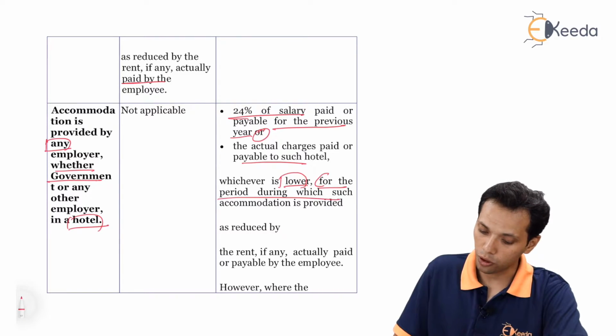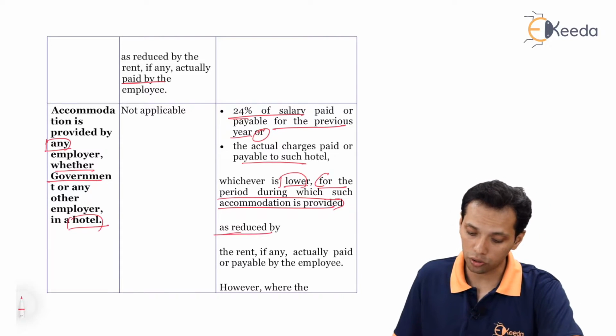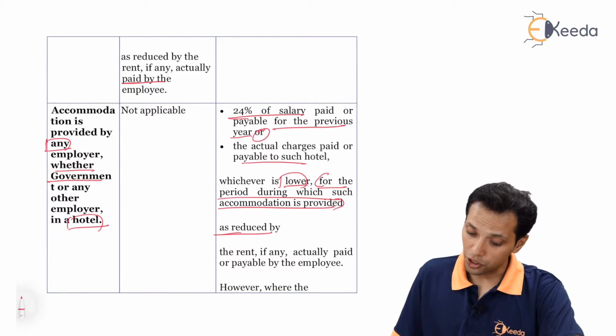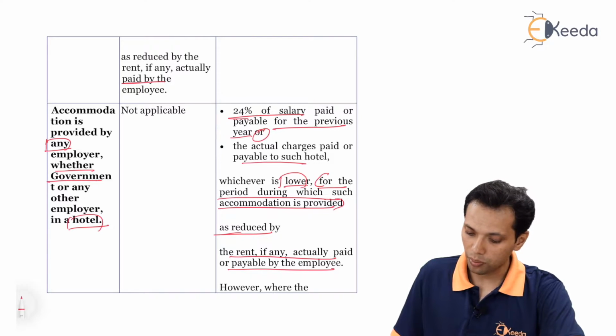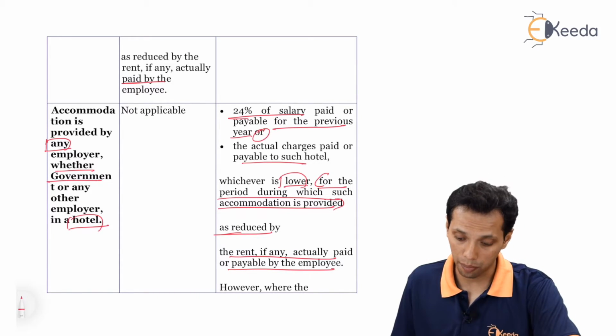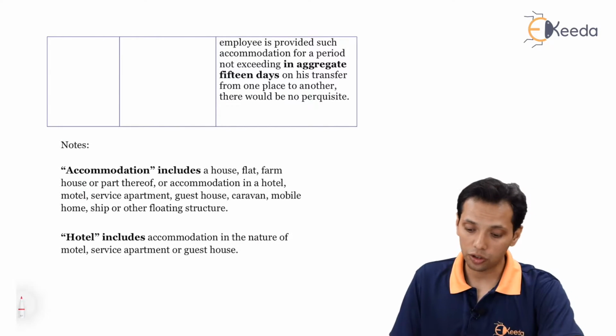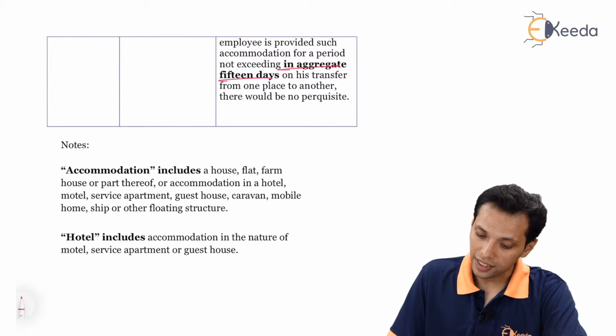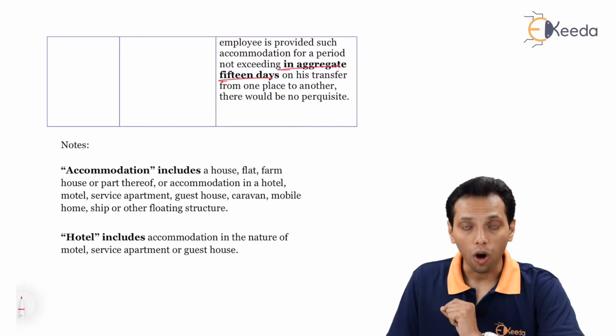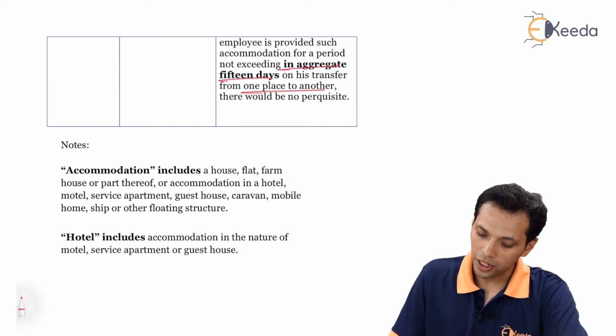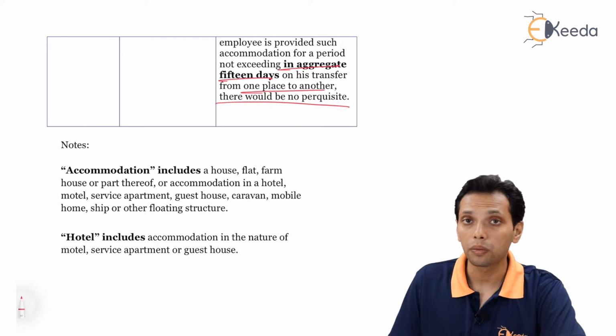Again, this sentence is important: for the period during which such accommodation is provided by the employer to the employee, as reduced by the rent, if any, actually paid or payable by the employee. However, where the employee is provided with such accommodation for a period not exceeding in aggregate 15 days on his transfer from one place to another, there would be no perquisite.